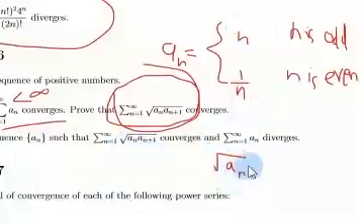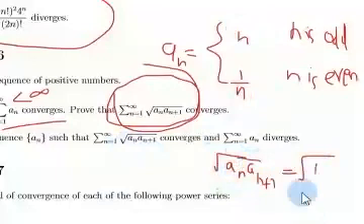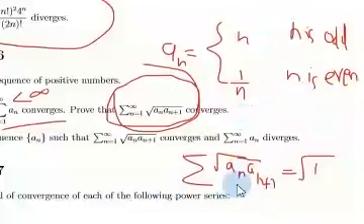So a_n times a_n plus 1 is 1 all the time. If you sum these up, what happens? This goes to infinity. So how do we avoid this situation?